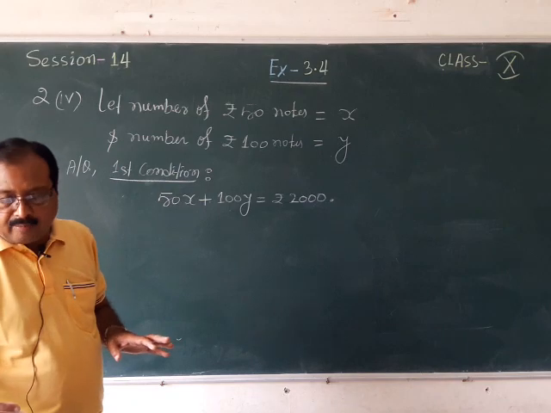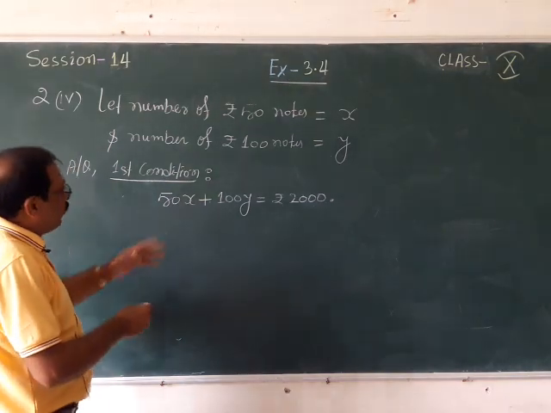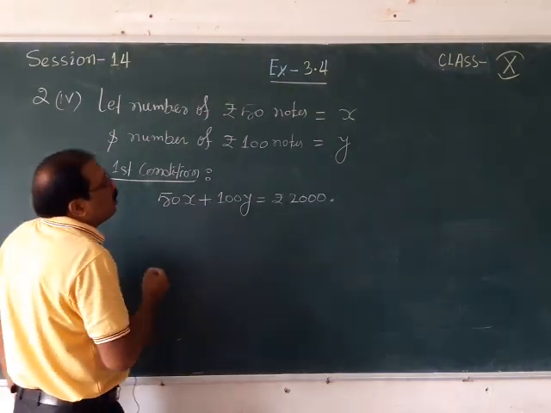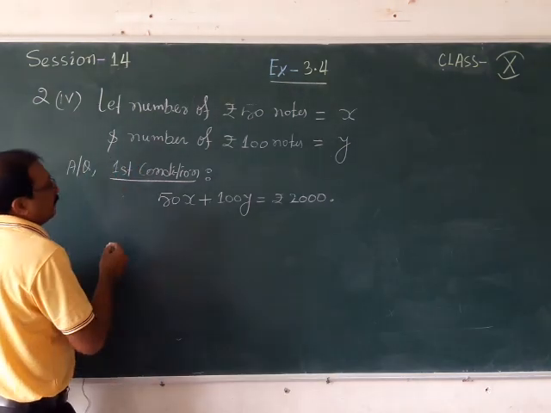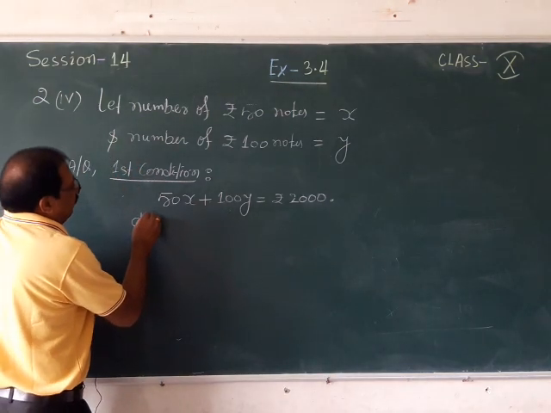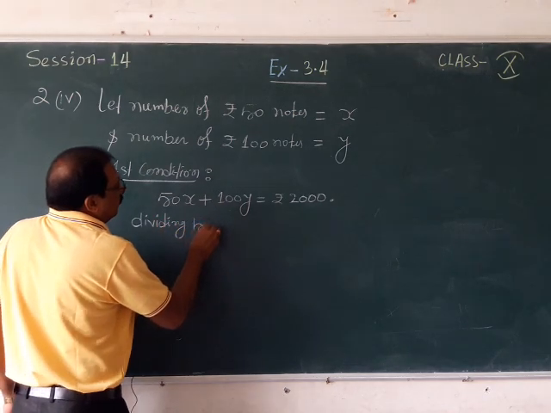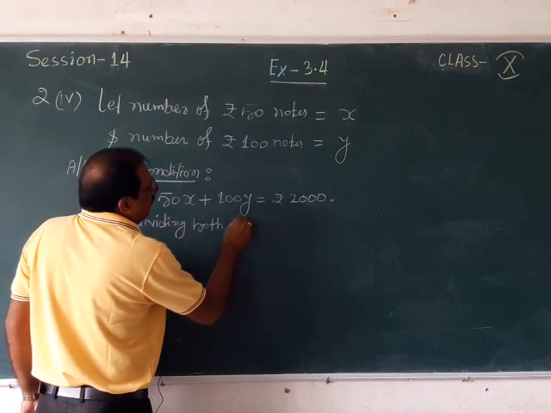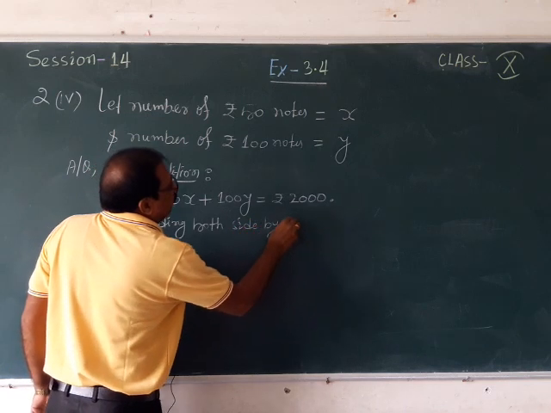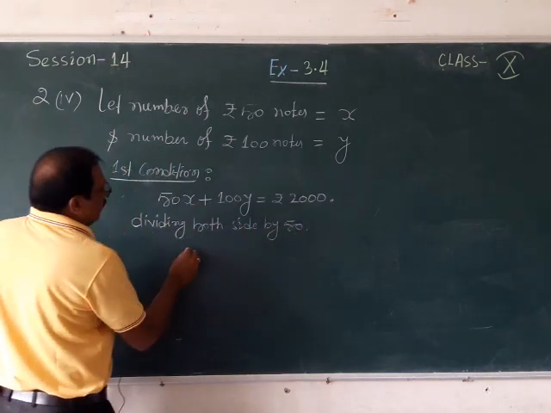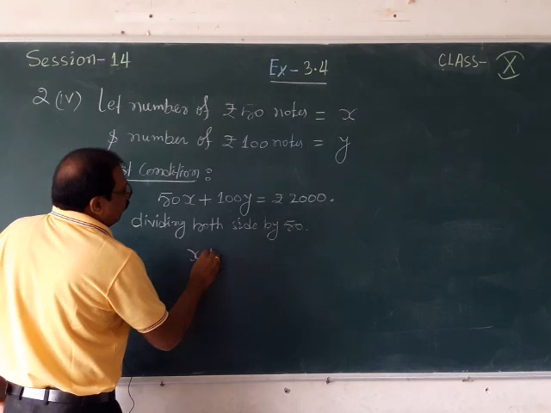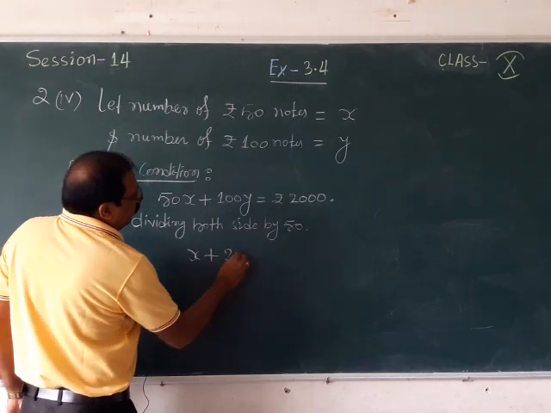So this time I am going to divide the equation by 50 so that we have smaller numbers. Dividing both sides by 50, what will happen? Here I will have only x.